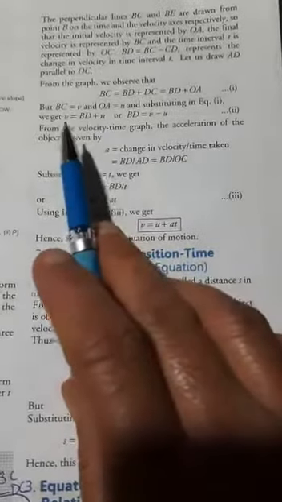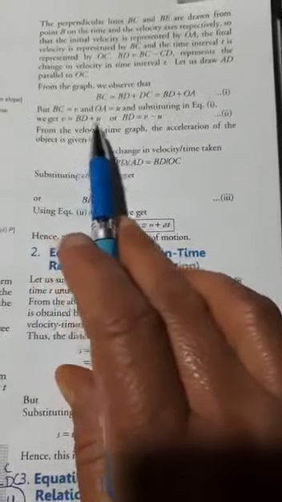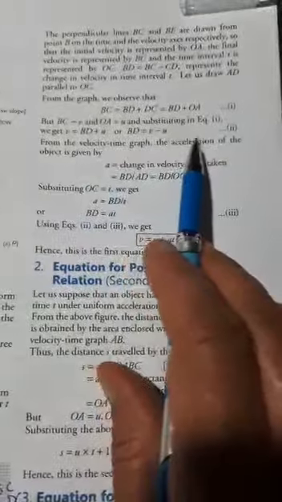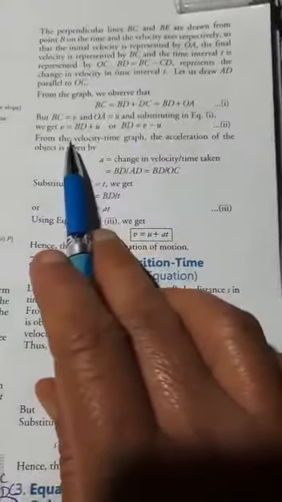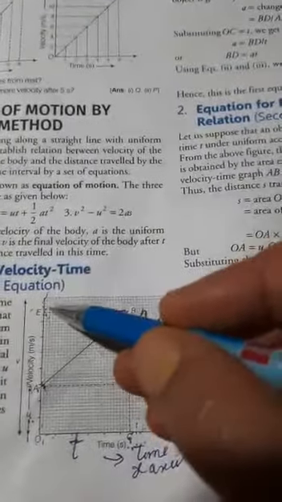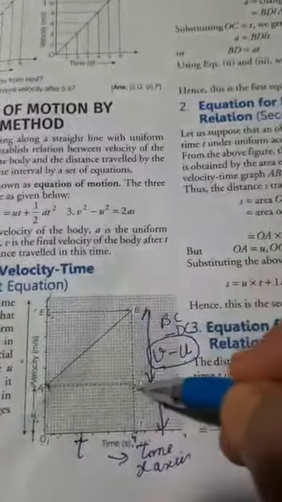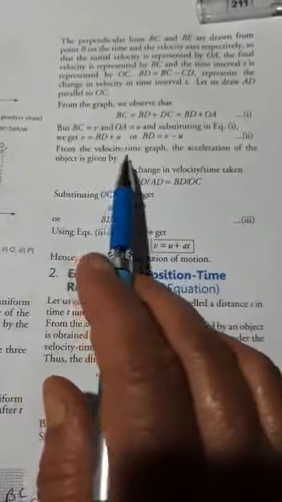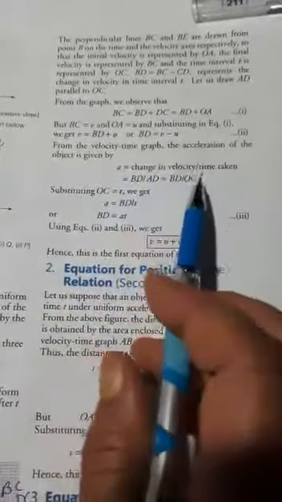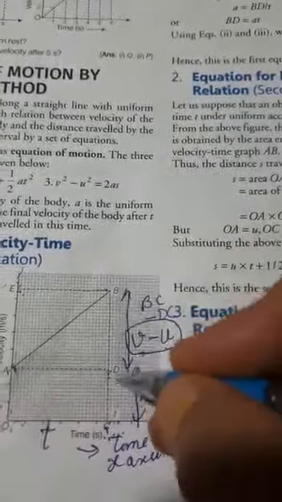But BC is v and OA is u. Substituting in equation number 1, v is equal to BD plus u. Then BD is v minus u. Just now I have explained it also. BD is v minus u.